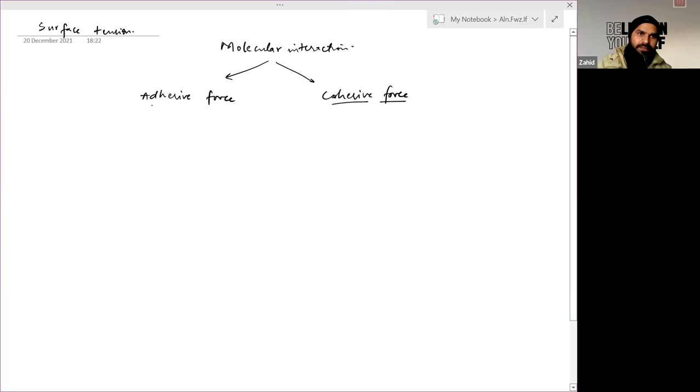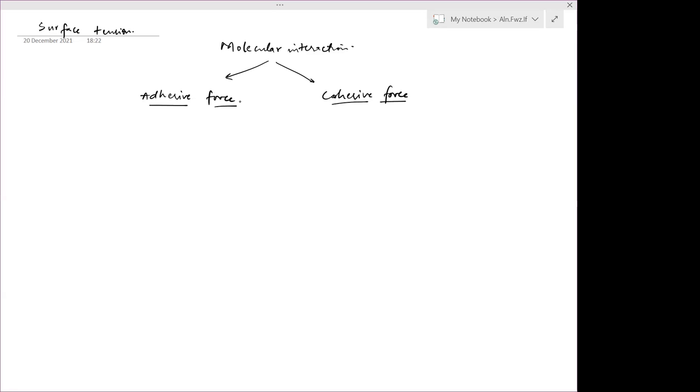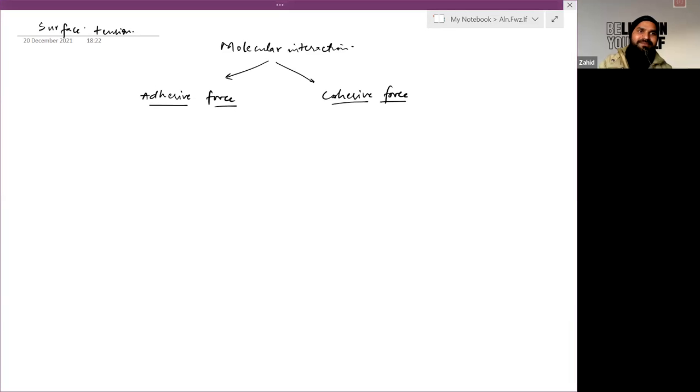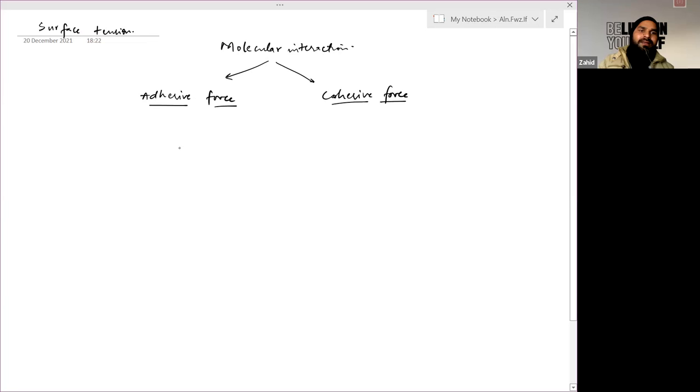You must have learned about these terms in your chemistry. Do you have any idea what you mean by adhesive and cohesive? No, both are attractive forces. Adhesive means attraction between particles of different type.